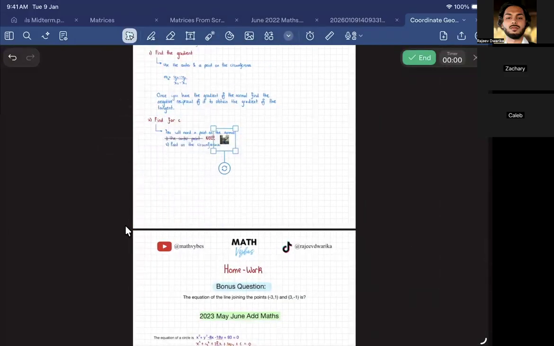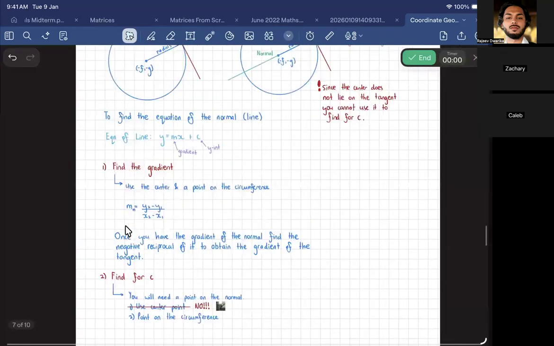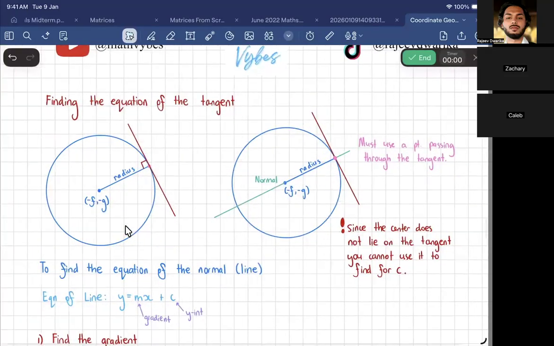So we find the equation of the line for the tangent, right? Let me just run back through these steps. For the equation of the tangent, you need to understand that the tangent is perpendicular to the normal. So you find the gradient of the normal, and since they are perpendicular, you use the negative reciprocal, so you flip it and change the sign.